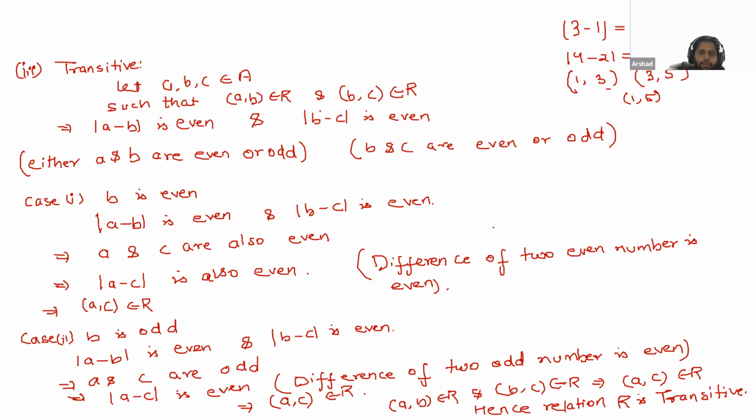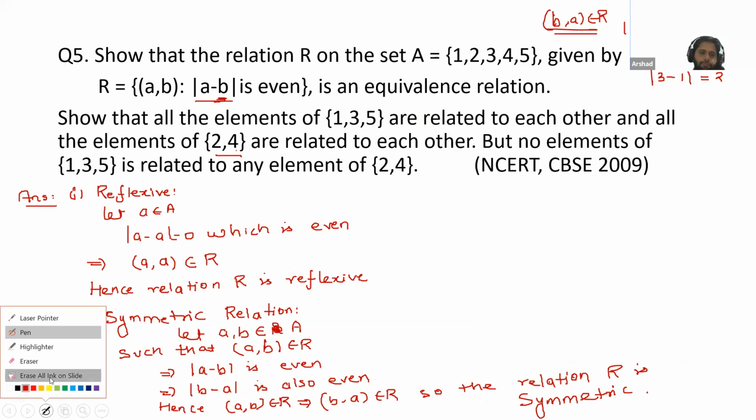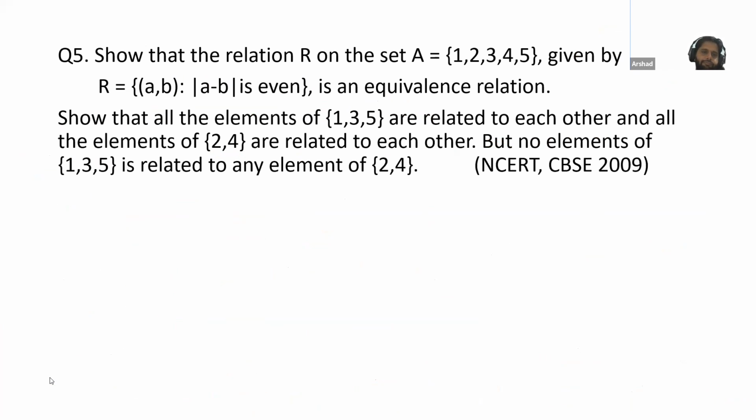Now please check. In the same question, there is one more part where they are saying: show that all elements of {1, 3, 5} are related to each other, and all elements of {2, 4} are related to each other, but no element of {1, 3, 5} is related to any element of {2, 4}. So we already know that if we subtract two odd numbers, we will get an even number. If we subtract even numbers, we will get an even number. So these are odd numbers.